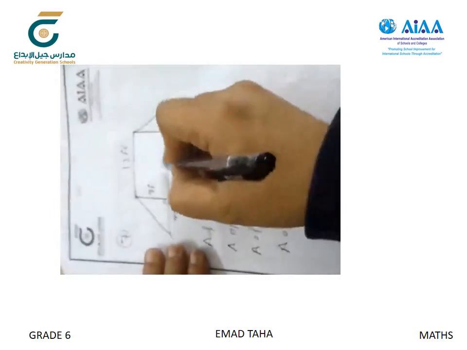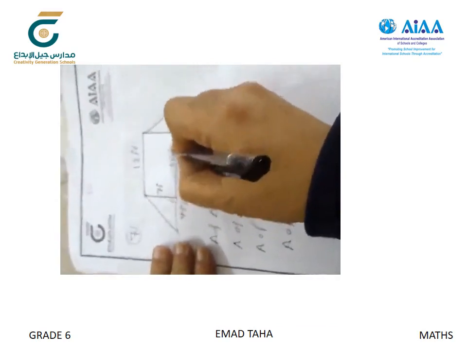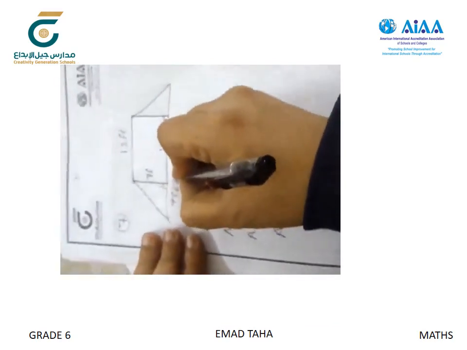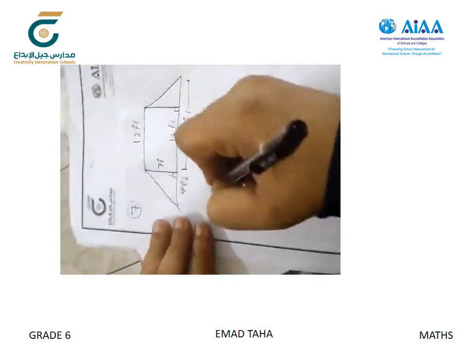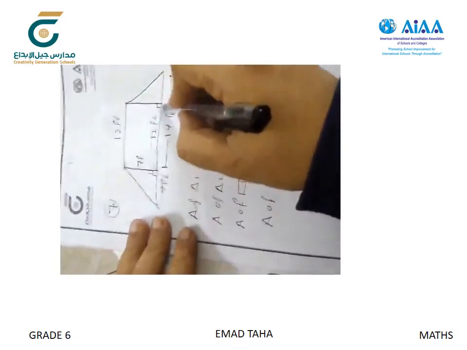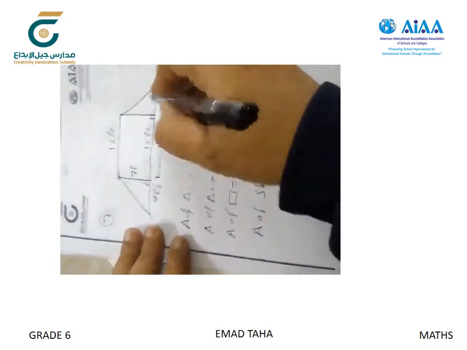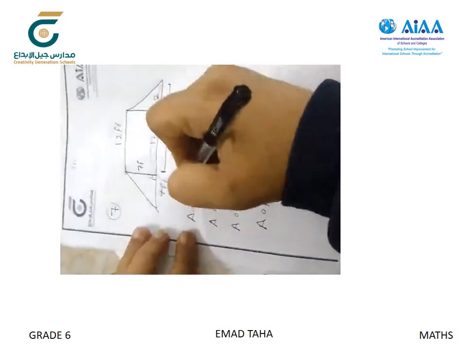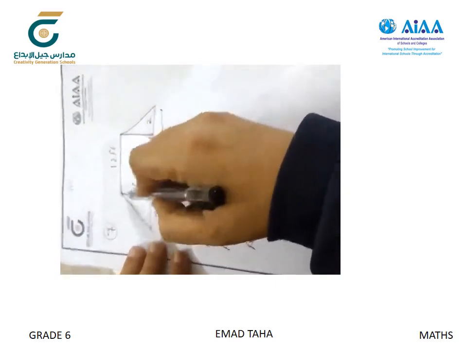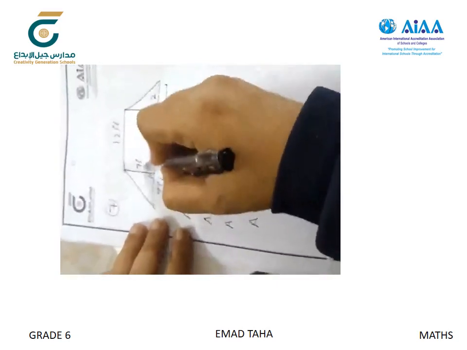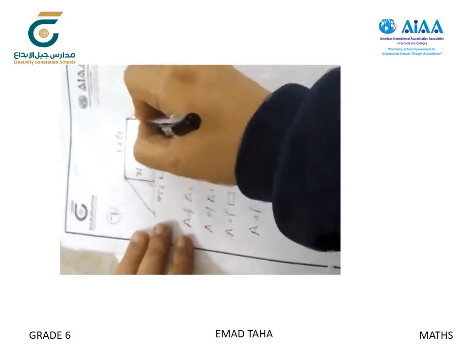This is 12, so this side equals 12. But from here to here, this side equals 14. If this one equals 12, the remainder from 14 equals, yes, 2. And the height here is 7, and in this rectangle each two opposite sides are equal, so this equals 7 also.